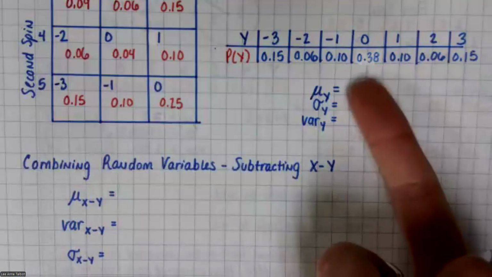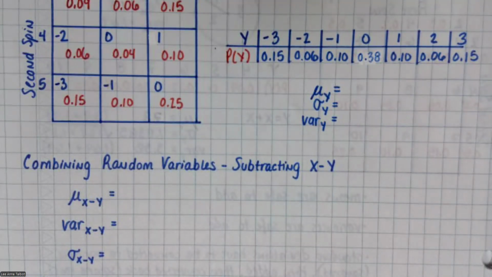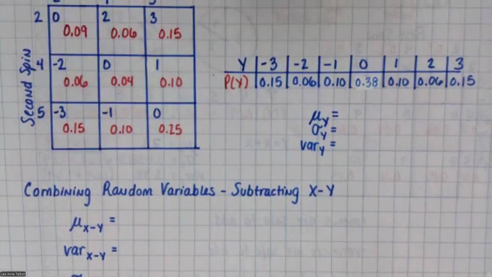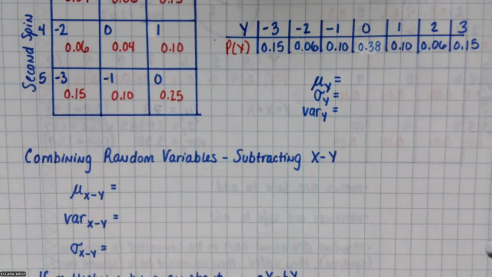Yeah, doesn't that make sense? It's right in the middle with the most probability. Okay, but that should not be nearly as surprising as the standard deviation. It's the same.